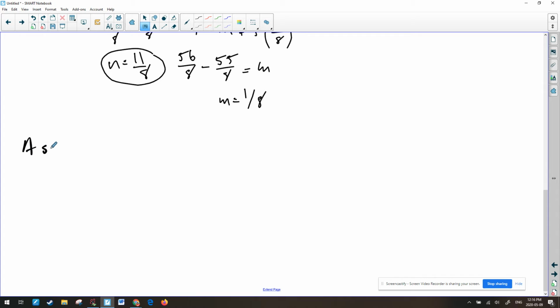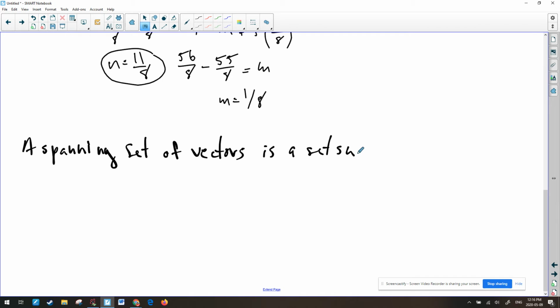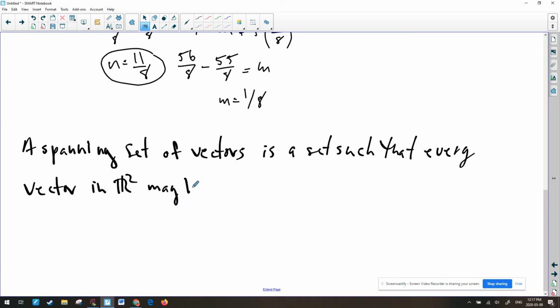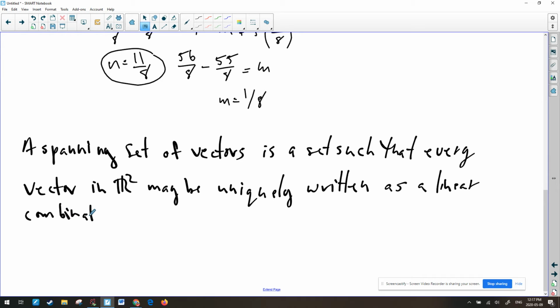So a spanning set of vectors is a set such that every vector in R2 may be uniquely written as a linear combination of the vectors within the set.